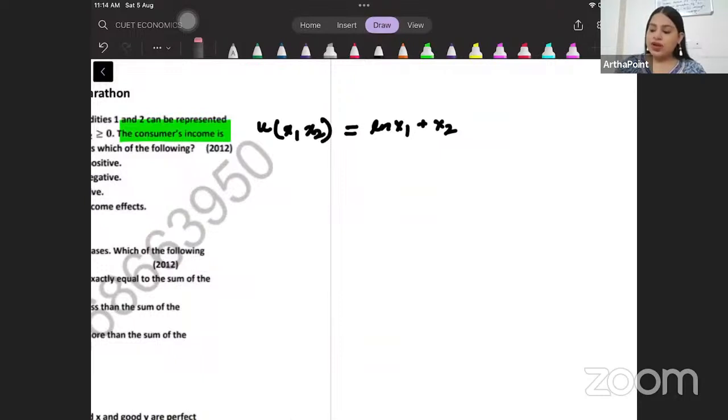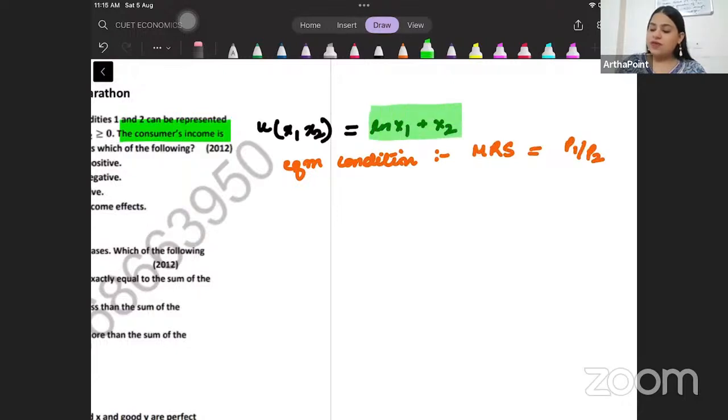If I go ahead and find the equilibrium condition, the equilibrium condition is where MRS is equal to the price ratio. MRS is coming from this, right? So MRS will be MU1 by MU2, and it must be equal to P1 by P2.